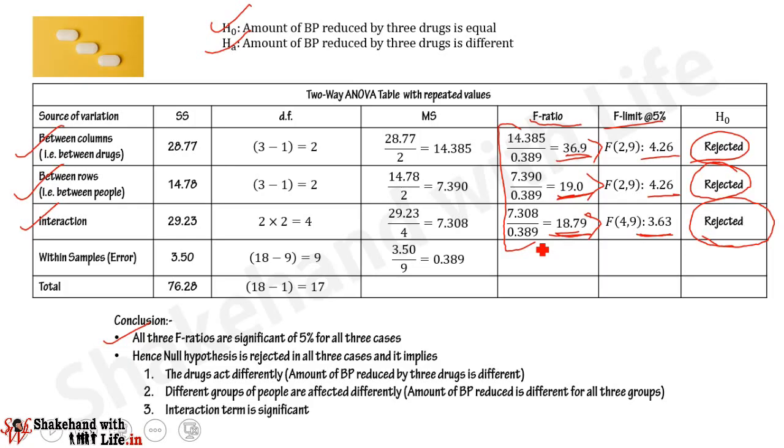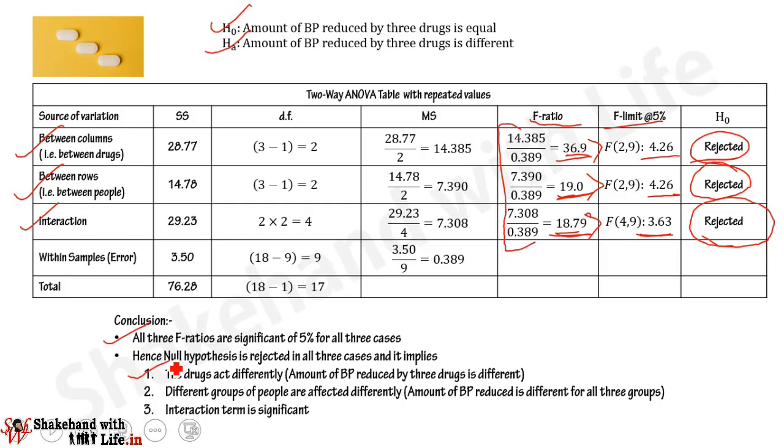Now the null hypothesis is rejected in all three cases, and it implies, as we have already seen, that all three F ratios are much greater than F limit, and for all three cases the null hypothesis is rejected. So the conclusion we draw here is, first, the drugs act differently, and this implies that the amount of BP reduced by three drugs is different.